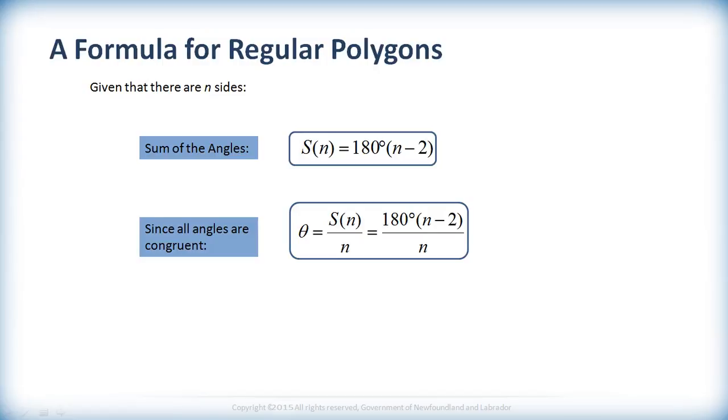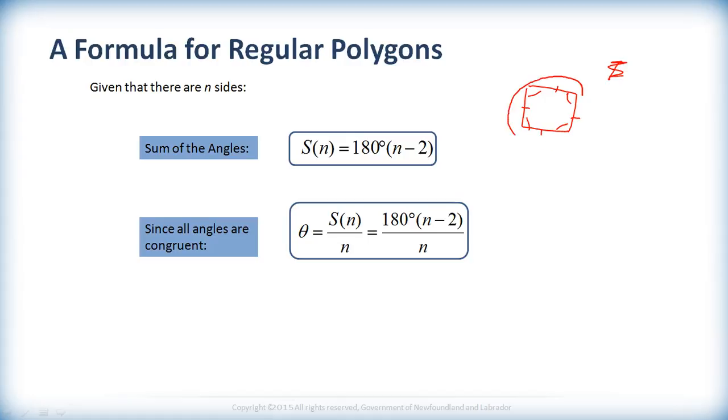Now, what happens if we have a regular polygon? So by a regular polygon, basically, if I had that quadrilateral, but it would have to be a perfect square. That's a regular polygon, or a rhombus. A regular polygon, no, it would have to be a perfect square. Sorry, all the angles have to be the same. A regular polygon has all of the sides and angles congruent.